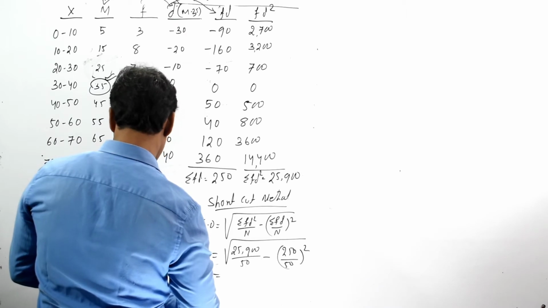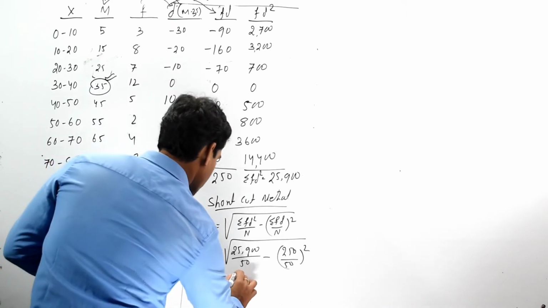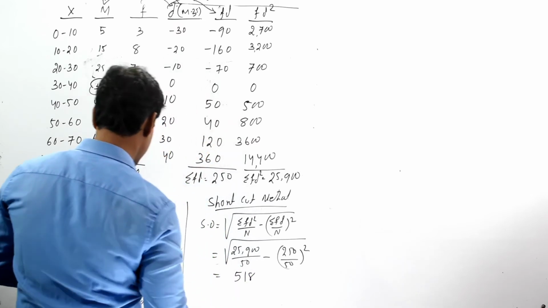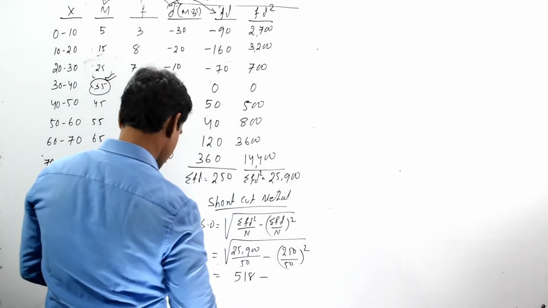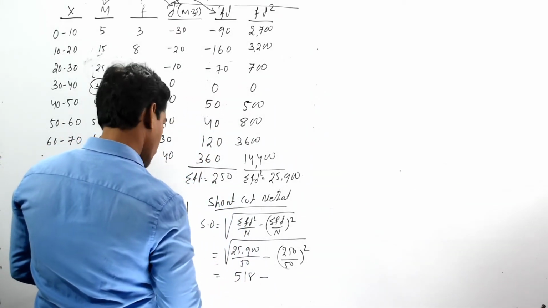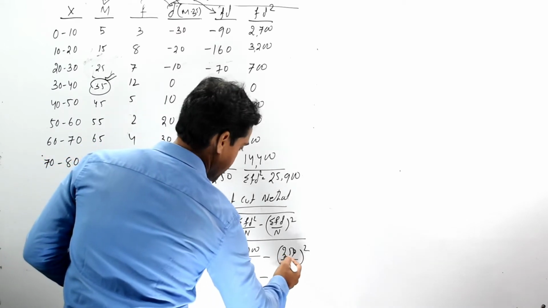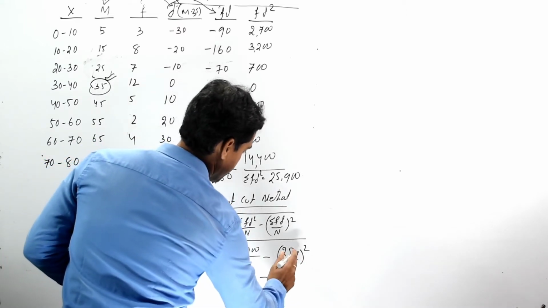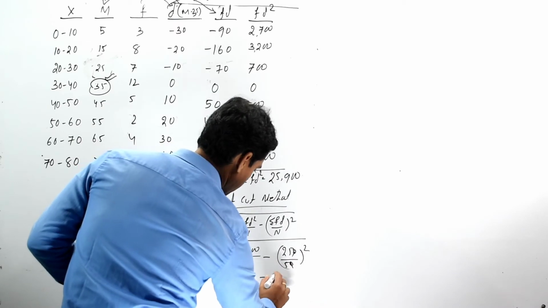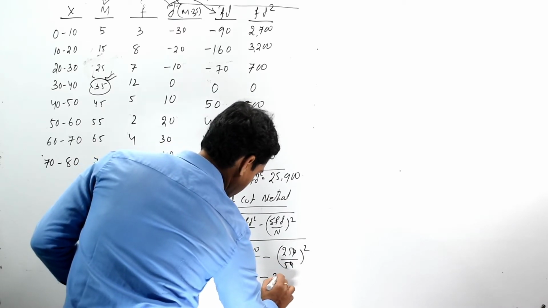25,900 divided by 50 equals 518 minus 250 by 50, that is 5, whole square of 5, that is 25.